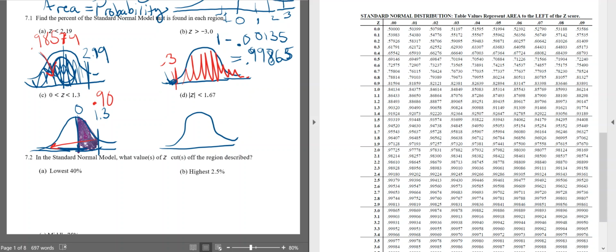I lost sight of it because this is really small on my screen. So I'm going to get 0.40320. So how do you do in-betweens, or between two values? You subtract their table values. You take the lower probability and subtract it from the higher probability.